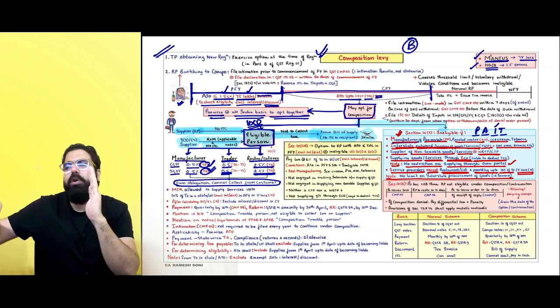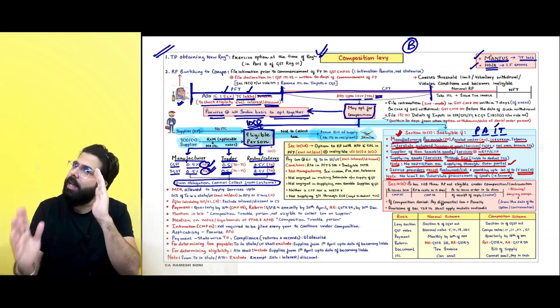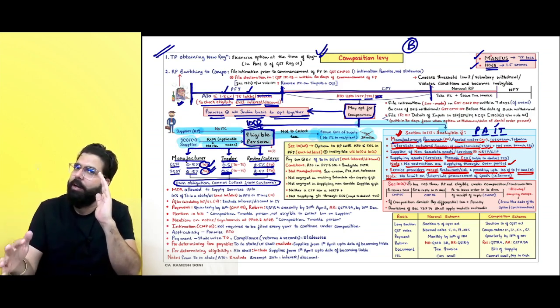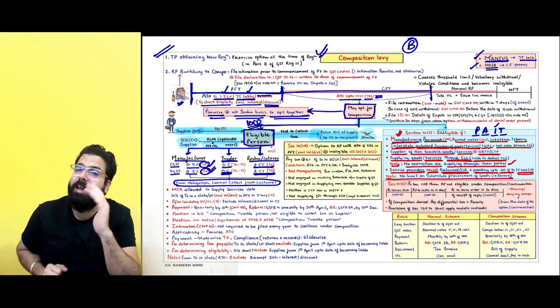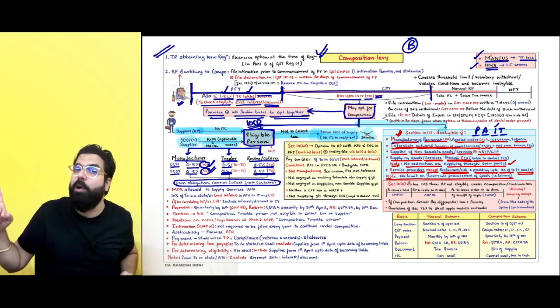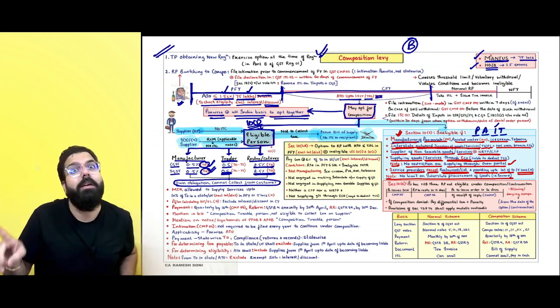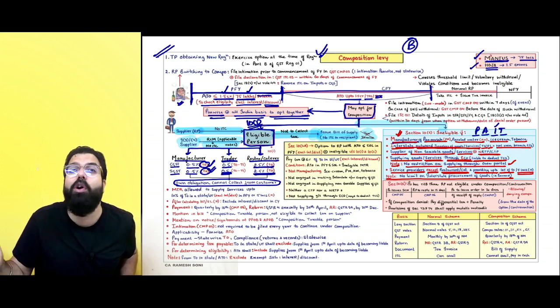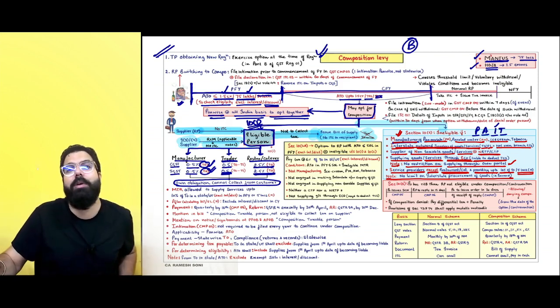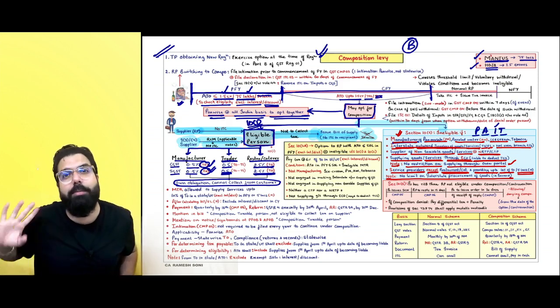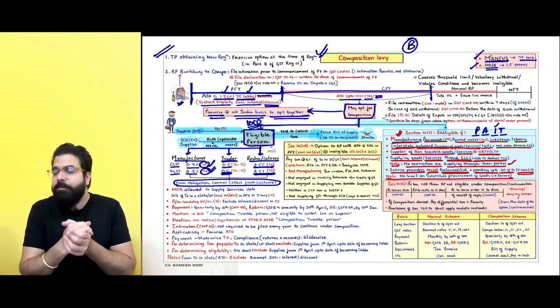I can be a manufacturer, I can be a trader, I can be a restaurant. Manufacturer pays 0.5, trader pays 0.5, restaurant pays 2.5 and 2.5 of their turnover. But in the trader's case be very careful, only of their taxable turnover they pay, they don't pay on their exempt supplies. That, sir, point is clear.